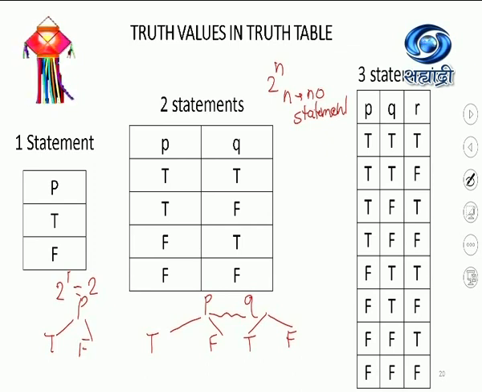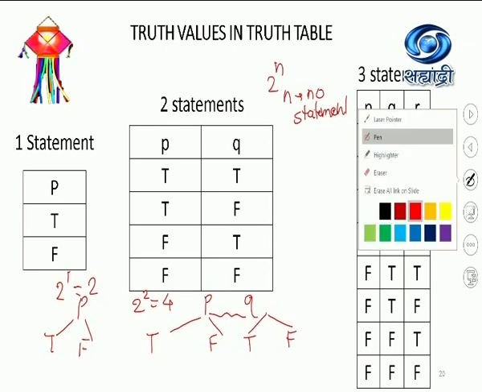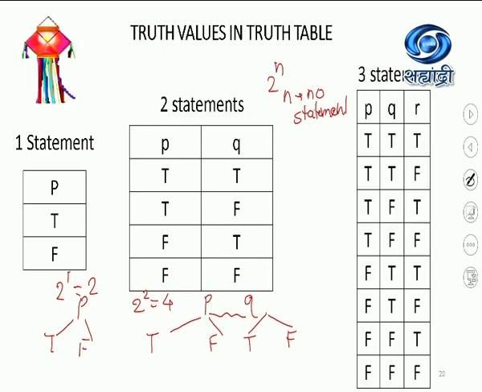Now, how to look at it? Since there are two statements, the total truth values are 4. So how can I add up the truth values for P? This way. There will be 2 T's and 2 F's for each of the given statements.